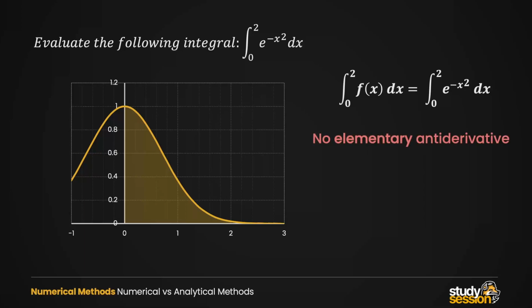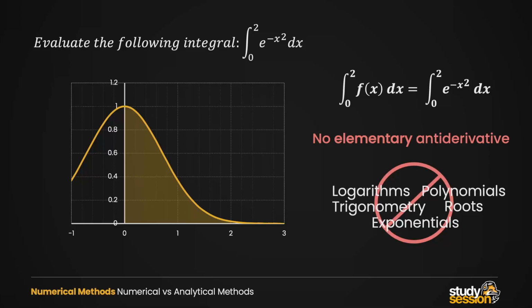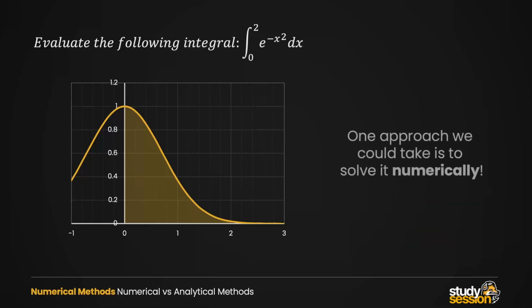It's not that you aren't smart enough, it's that there's no elementary antiderivative that exists for this function. This means that you cannot write the antiderivative using standard polynomials, logs, exponentials, trig functions, or the like. We can see from our graph on the left that there should be some answer though, as we have an area under the curve. So one way we could go about solving this is using numerical methods.